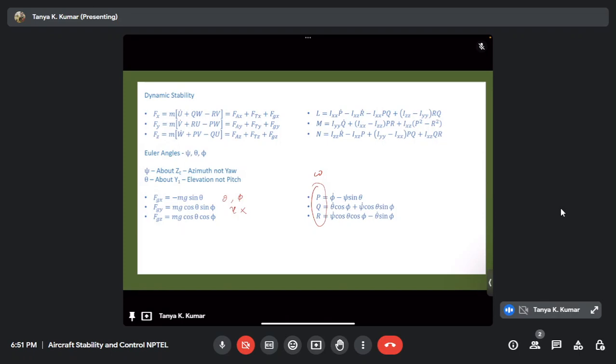Why is the angle xi not present in these gravitational equations? How is this xi defined? It is not the yaw angle. How is xi defined? Someone tell me that. What is xi? It's written there. It's about the ze axis, where ze is the inertial axis. So, how is xi defined? What is xi?